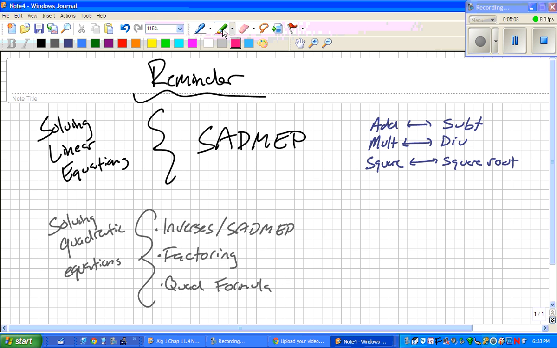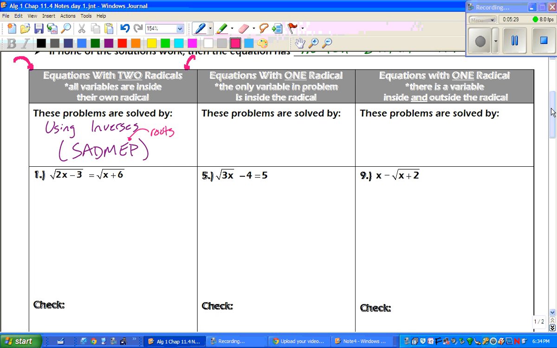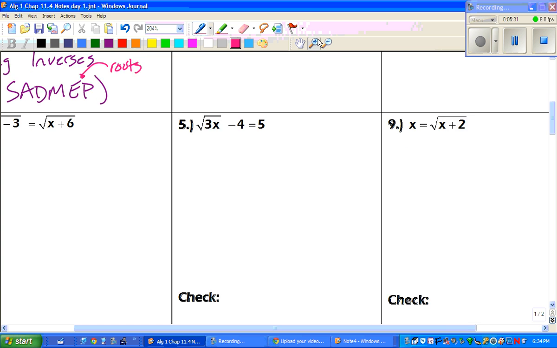Now in class, Ms. Carranza said that all of our problems, we are going to be able to solve by factoring, and that's going to be the main one that we talk about. But just remember that a quadratic equation is ax squared plus bx plus c when it equals 0. Alright, let's get back to number 1.